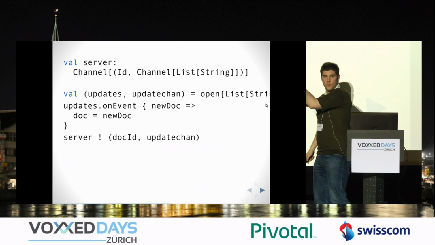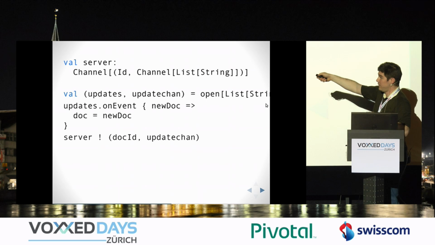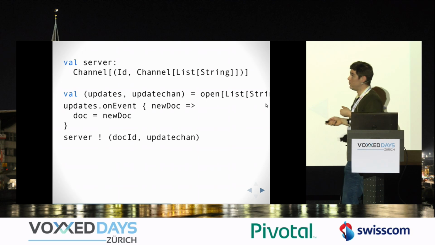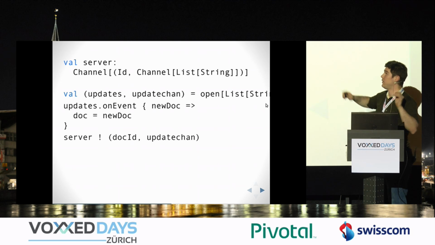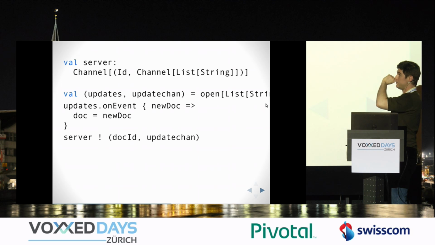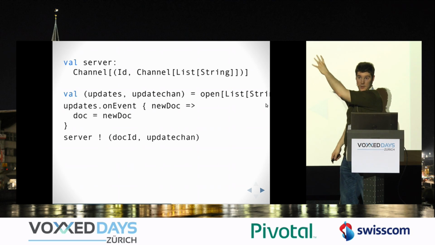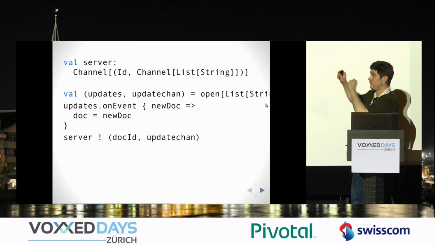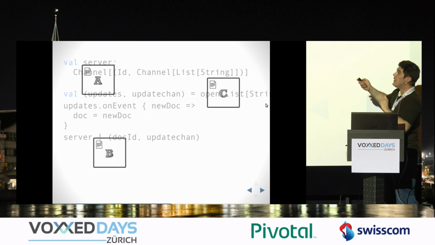And then the last thing it needs to do, it needs to actually send the server its doc ID and the channel to which the server can write to. And this is all. This is the server client model encoded in this framework, the client part at least of it, right?